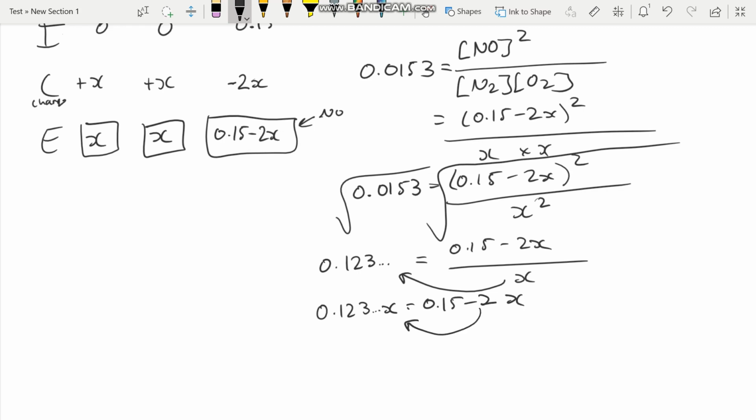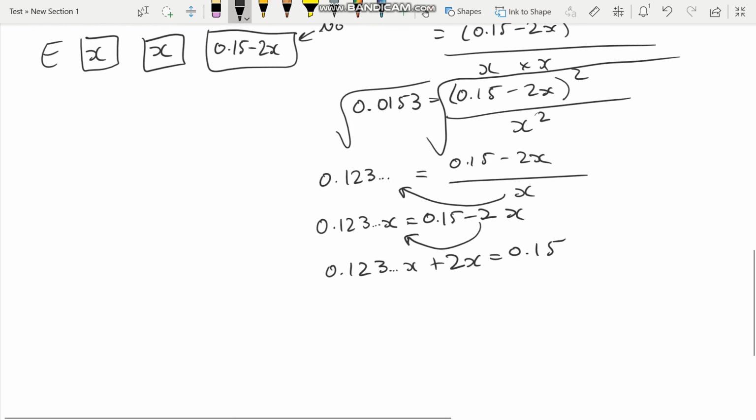We'll plus the 2x onto this side, so 0.123 dot, dot, dot, x plus 2x equals 0.15. We'll just add these two because they're both just x terms, so that's 2.123x equals 0.15, and then we can solve for x by dividing by this number.